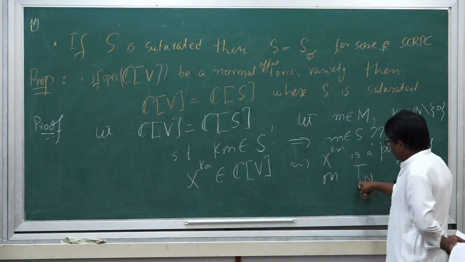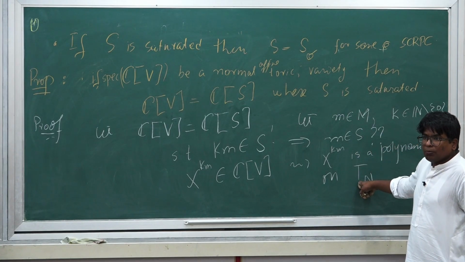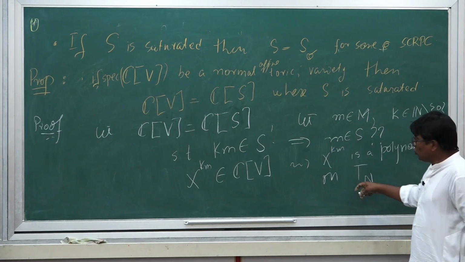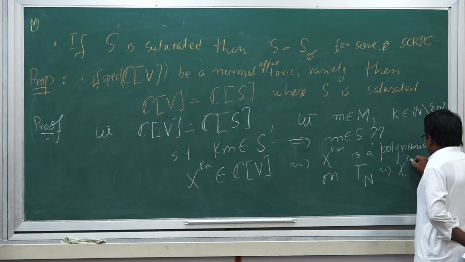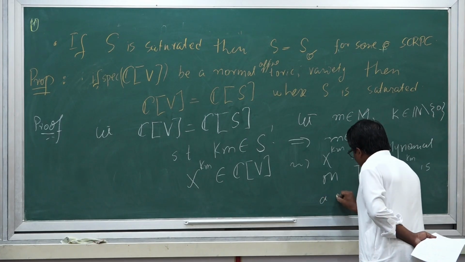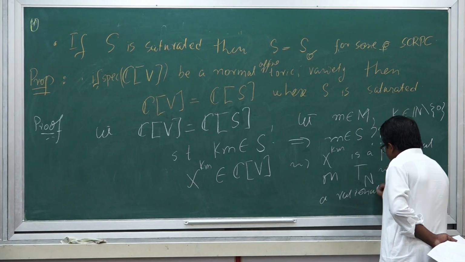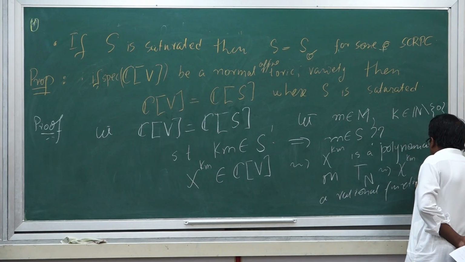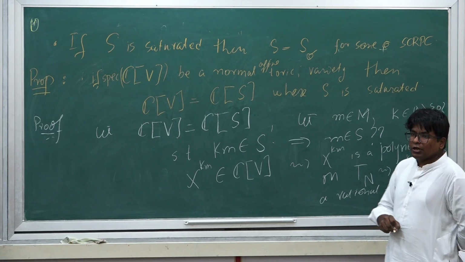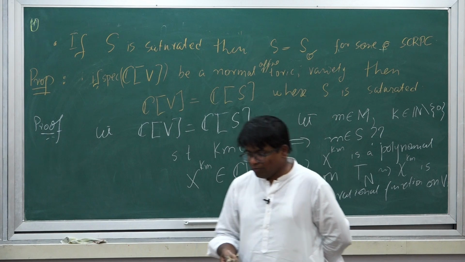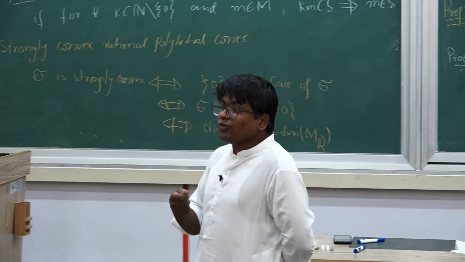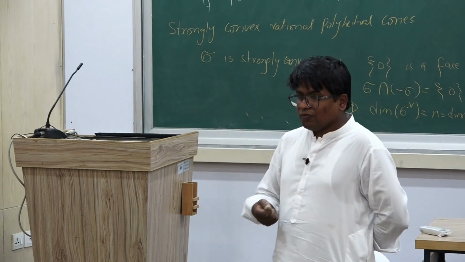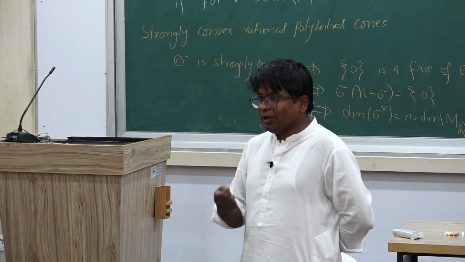So if you have a polynomial on some affine open subset of a variety, you can say that that polynomial is a rational function on your variety V. The way is that you take an affine open subset, and the coordinate ring associated to that affine open subset comes as the localization via some element f.